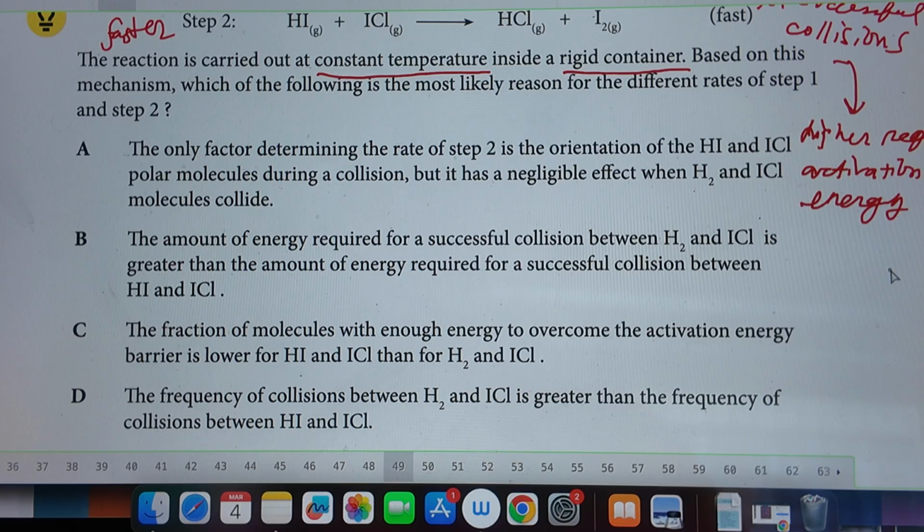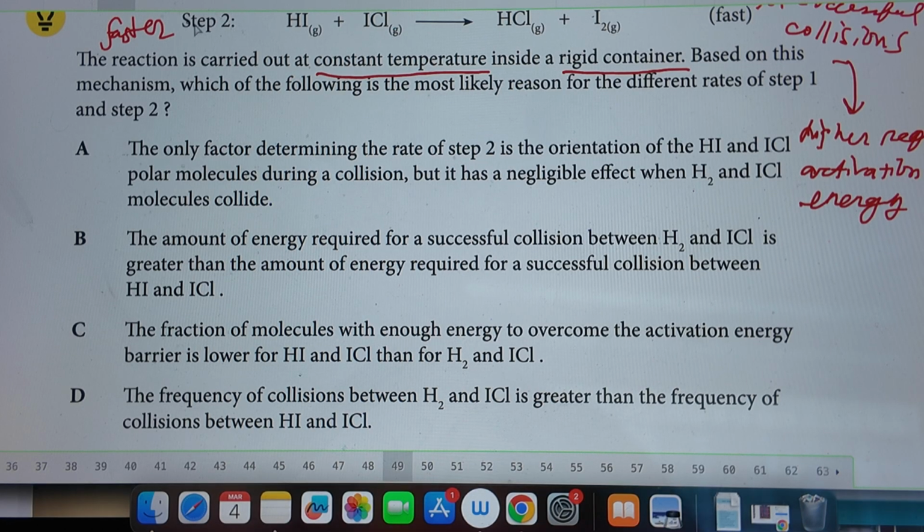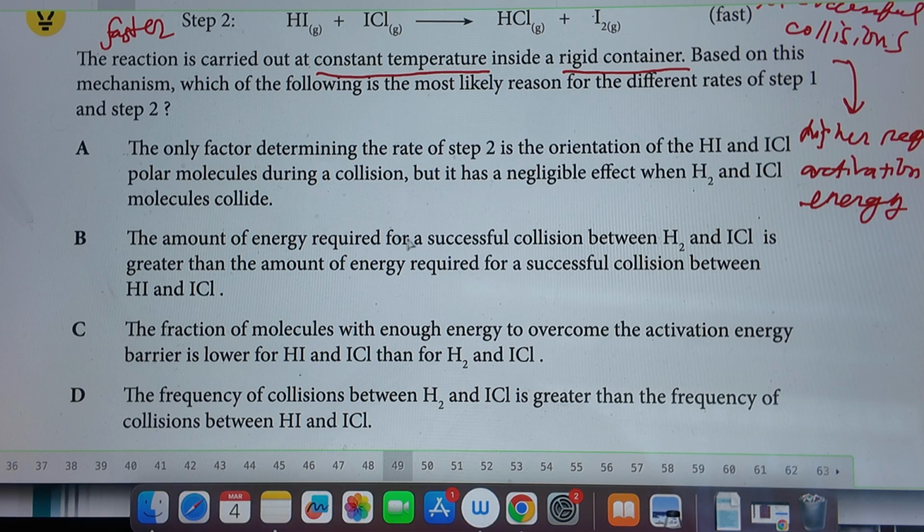B: the amount of energy required for a successful collision between H2 and ICl is greater than for step 2. That's exactly what we were saying. Step 1 requires more energy for a successful collision than step 2 does, which is why it is slower.